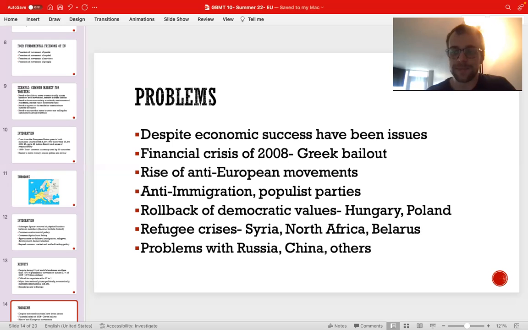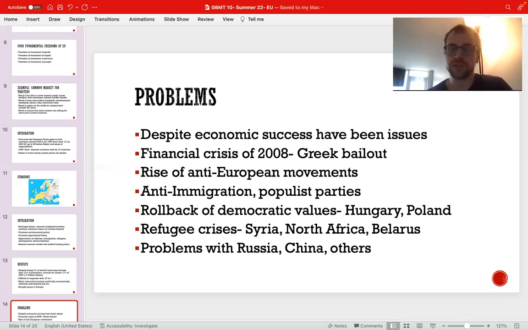And this led to a collapse in the Greek economy, along with the economies of Ireland, Portugal, Spain. And this required the EU to bail out these economies in crisis, especially the Greek economy. And this led to a lot of resentment within the European Union, amongst other European Union states, feeling that they were sending their money and their resources to the Greek banks that were so mismanaged and corrupt, right?